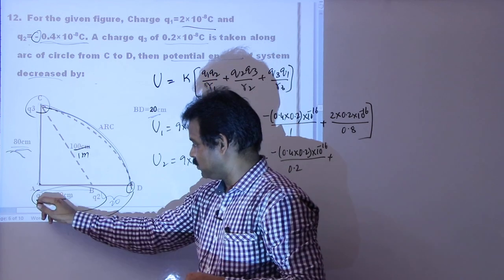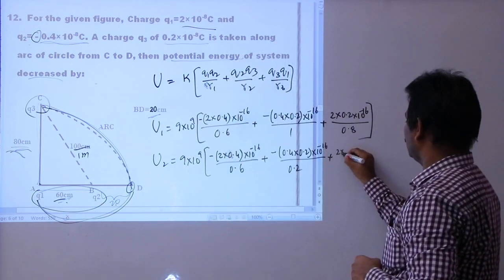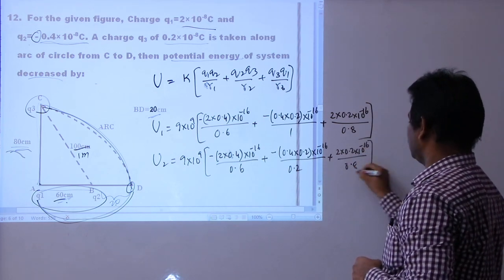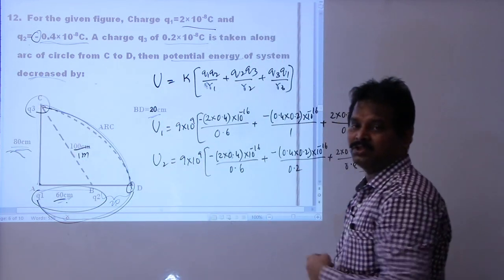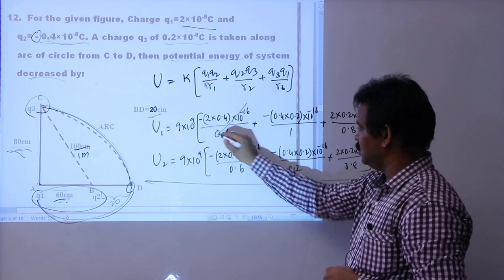These two are now separated by 60 plus 20, 80 centimeters only. So this will be 2 into 0.2 into 10 power minus 16 by 0.8. Now I want the decrease in the potential energy, that means the change in the potential energy, so let me subtract these two.